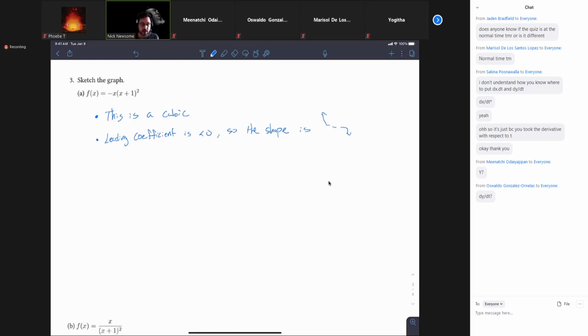And then I know what the roots are. The roots are 0 and -1 with a multiplicity of 2 at -1.